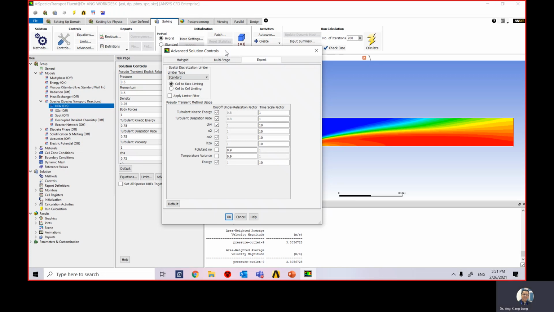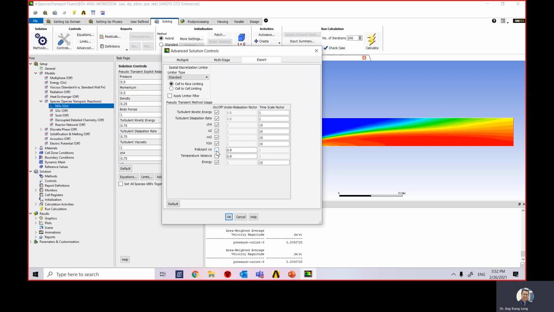Then after that, in the expert tab here, we are going to enable our method.